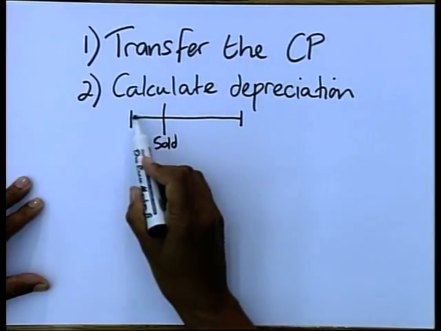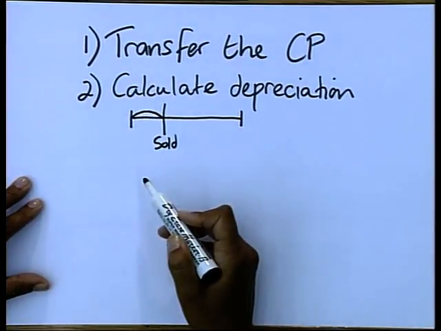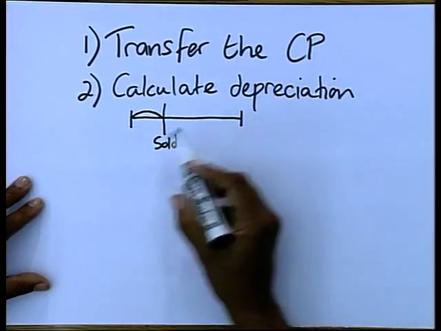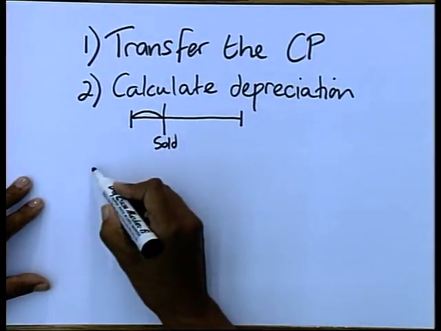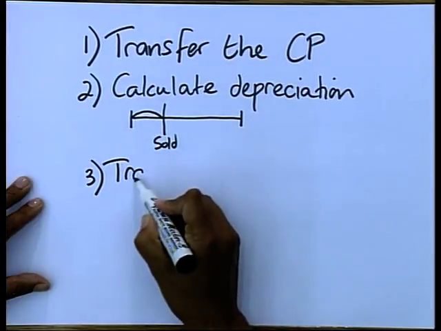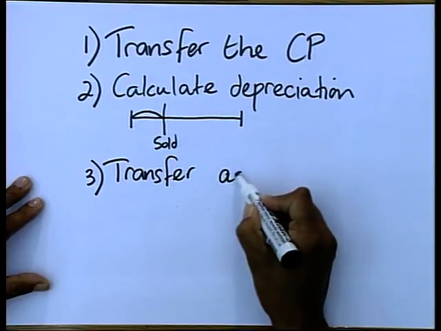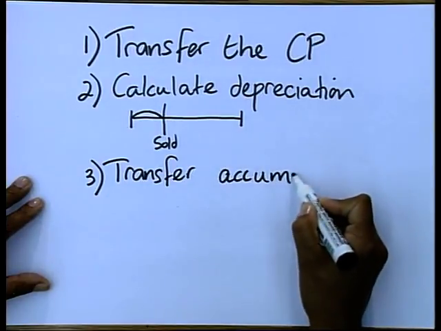That's information that I need. Once I've done that, learners, now I can add that and I can transfer my accumulated depreciation.